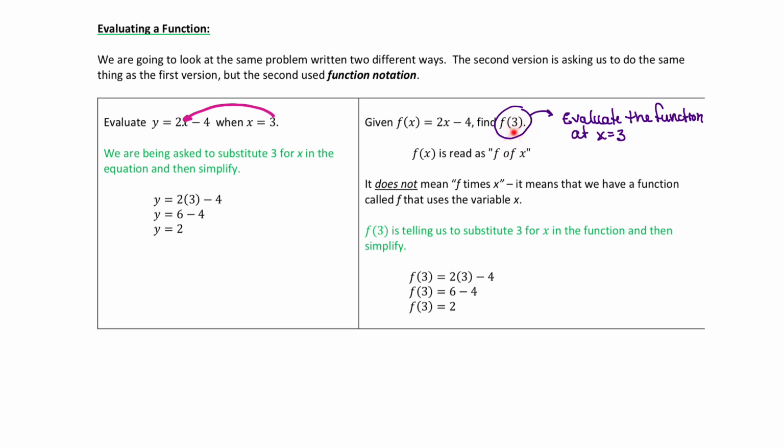Basically, that function box we had at the beginning, I'm going to drop a 3 in it and see what I get. Okay, to do that, you write f of 3 is equal to 2 times x, but now x is 3, minus 4. Order of operations, same process, and you get 2.